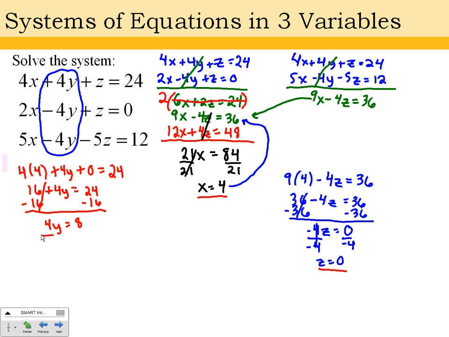Then I divide by 4 on each side, and I get y equals 2. So now I know that x equals 4, y equals 2, and z equals 0. So that's all of the letters that I had there to solve.